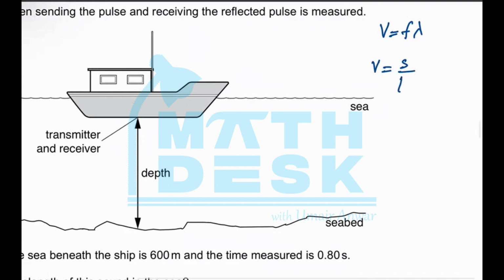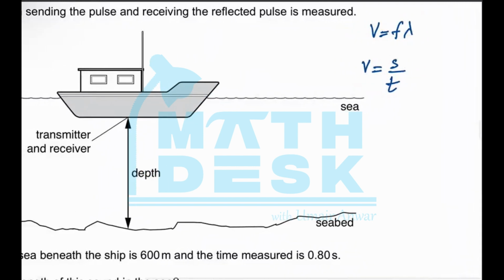The distance covered by the sound waves is 600, covered twice, so it would be multiplied by 2, divided by the time, which is 0.80 seconds. So the speed comes out to be 1500 meters per second for the sound pulse.